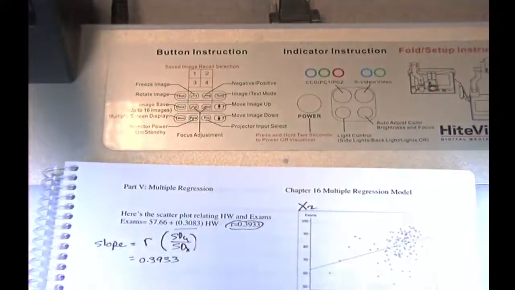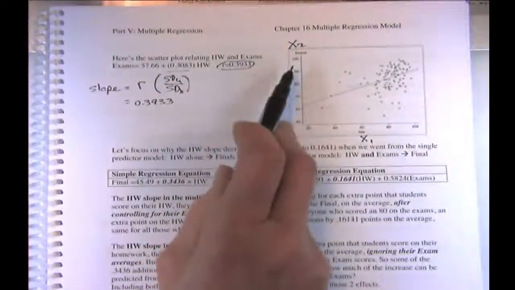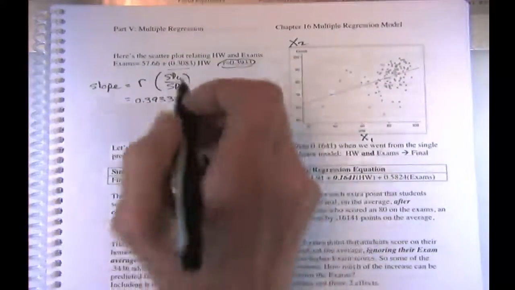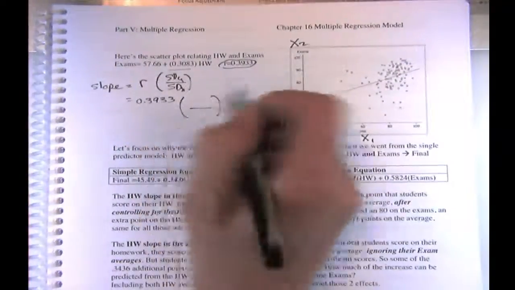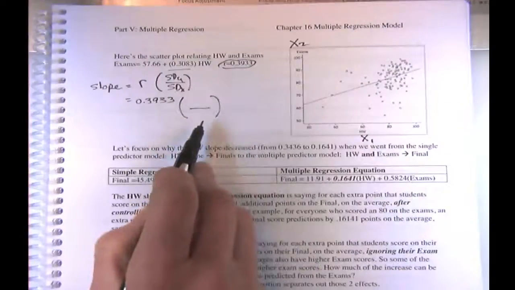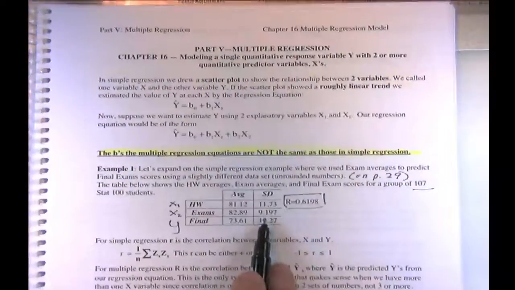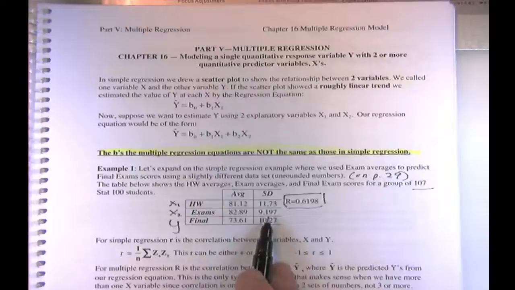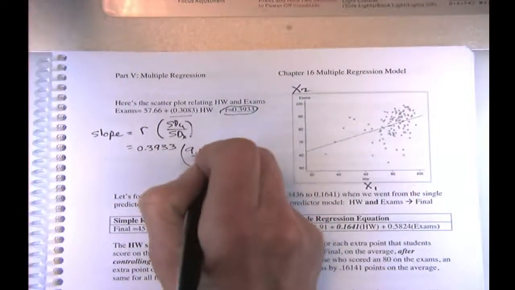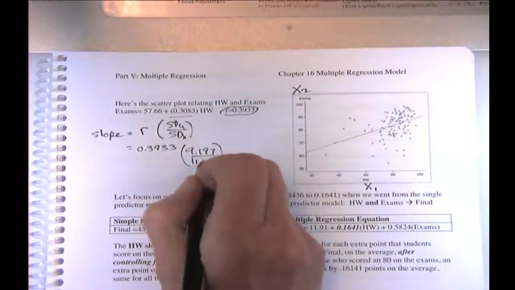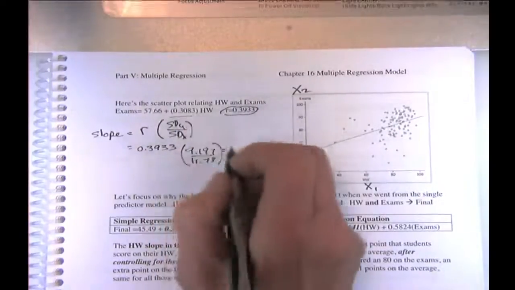In this case, Y is going to be the exams. So we want times the ratio of the standard deviation of the exams over the standard deviation of the homework. And we saw that on the first page, right? So the standard deviation of the exams is 9.197, and of the homework is 11.73. So let's write that in, just to make sure you know how to do this. And that's where you get your slope.